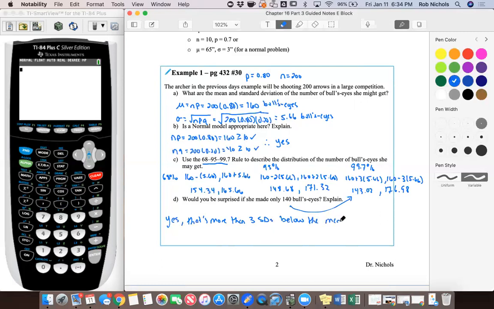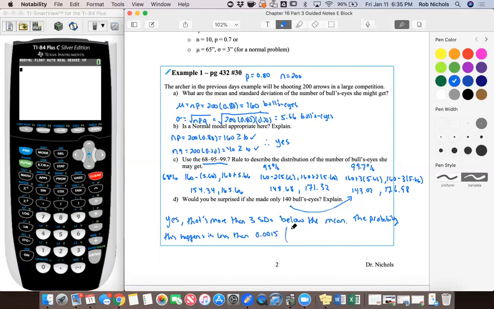As a matter of fact, the probability this happens is less than 0.0015.